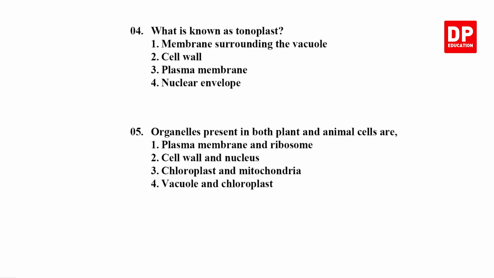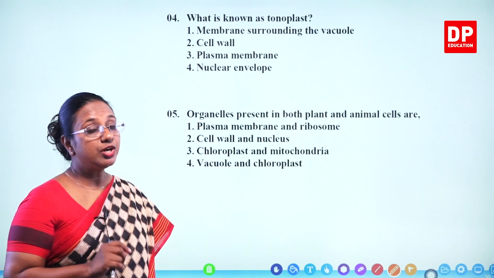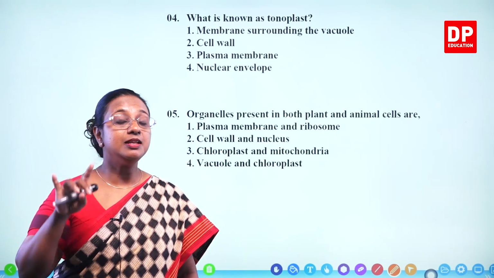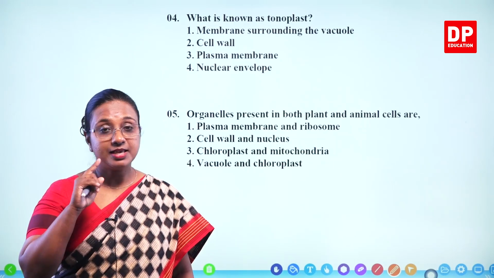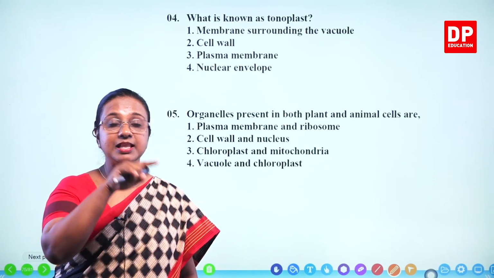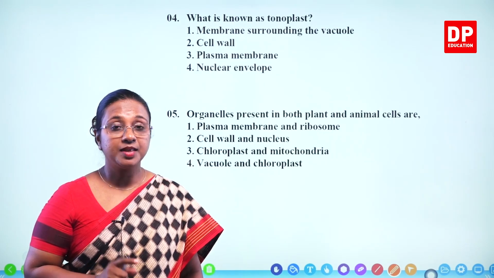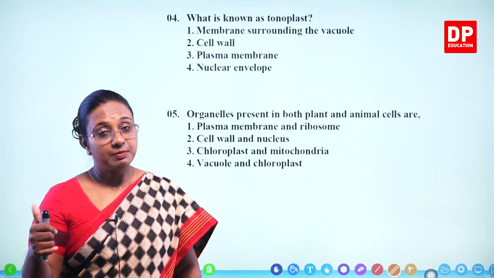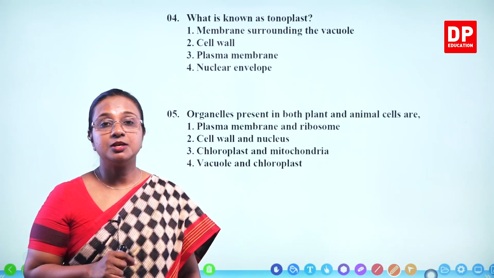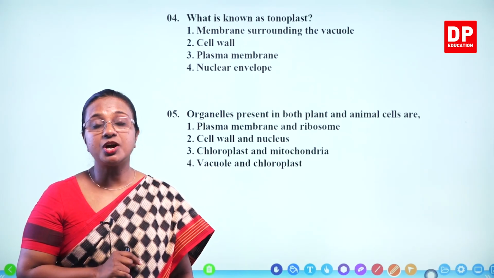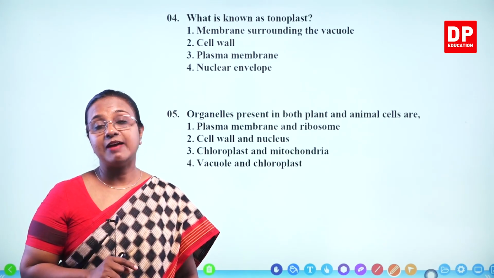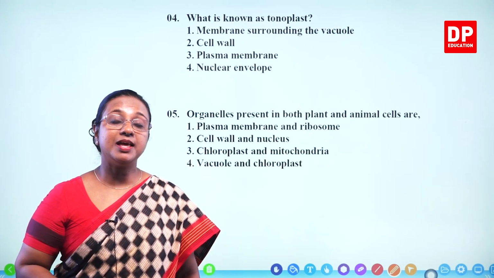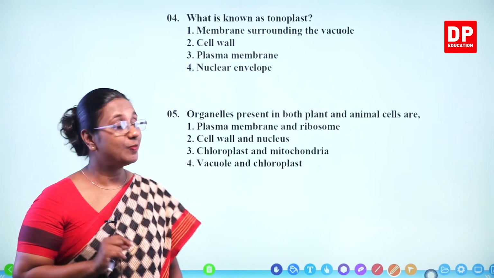What is known as tonoplast? I'm sure you remember these, students. In the cell, there are different types of membranes. The cell membrane or the plasma membrane that surrounds the cell. Then you have different organelles having membranes. The mitochondrion, the chloroplast, all these are membrane-bound structures. Then the central vacuole. That has a membrane, and that membrane is known as the tonoplast.